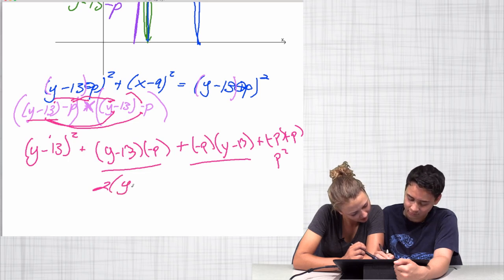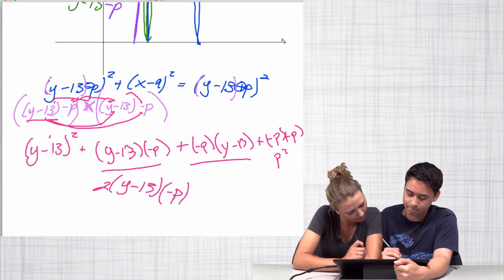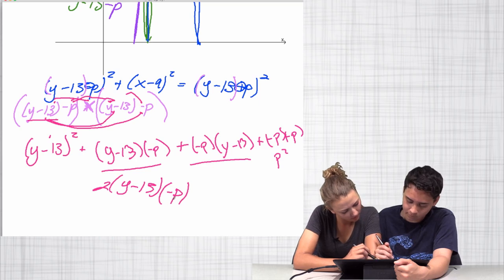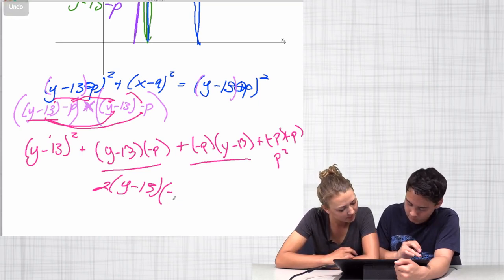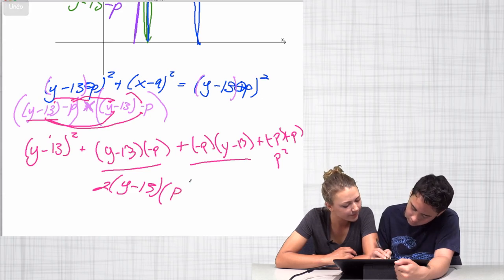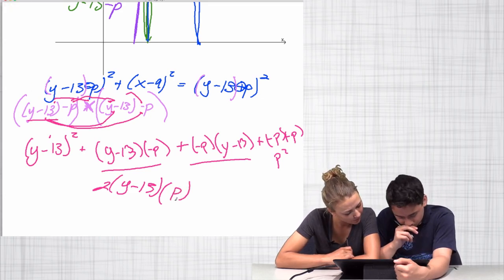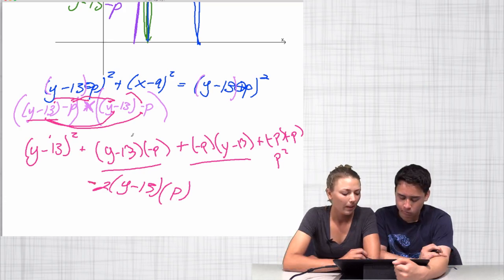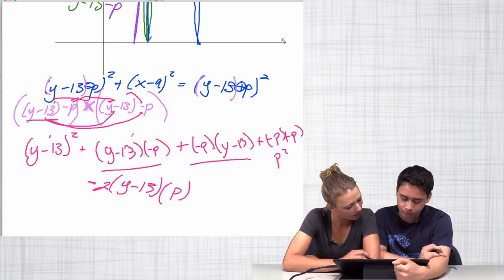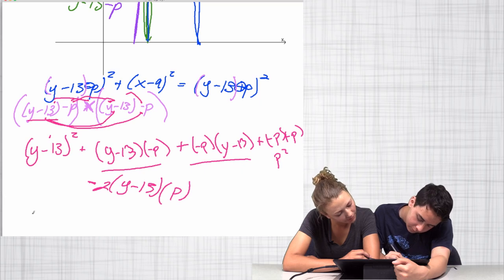Yeah, there you go. And you can pull that negative sign out if you want to. So just leave the p there, and then the sign in front would be negative instead. Do you know what I mean? Yeah. Can you write that whole line then? So you have y minus 13 squared.